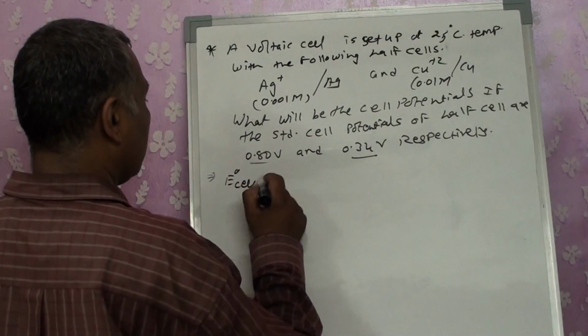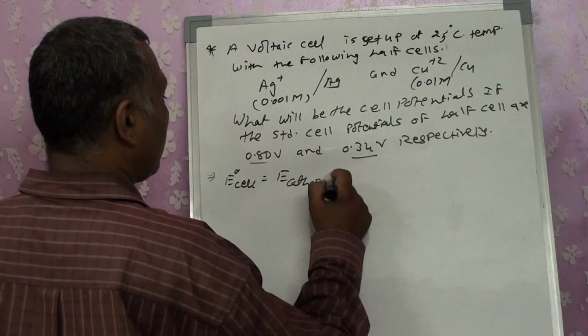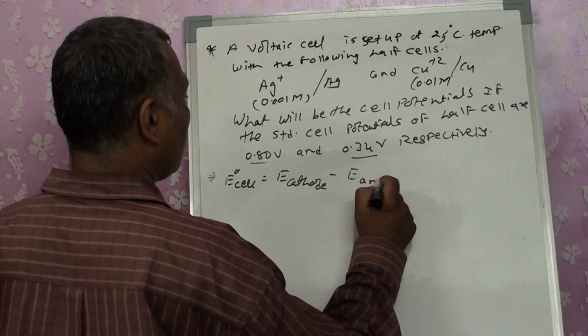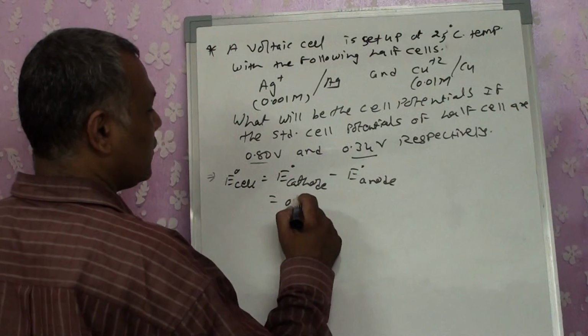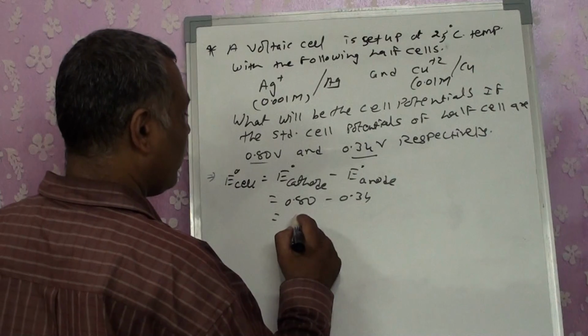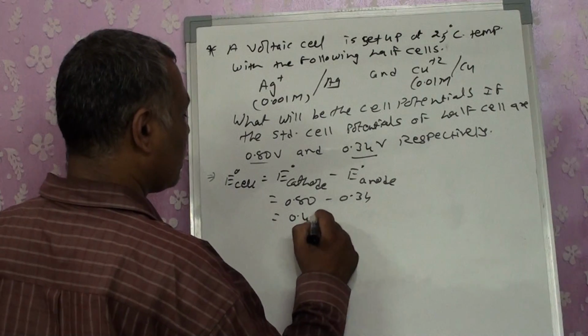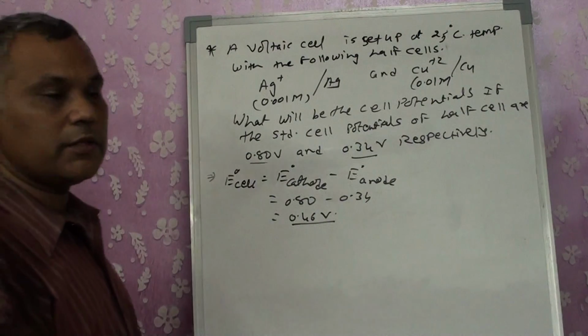E naught cell is equal to E of cathode minus E of anode, standard condition. So we will get 0.80 minus 0.34. That means we will get 0.46 volt. That is the E naught of the cell.